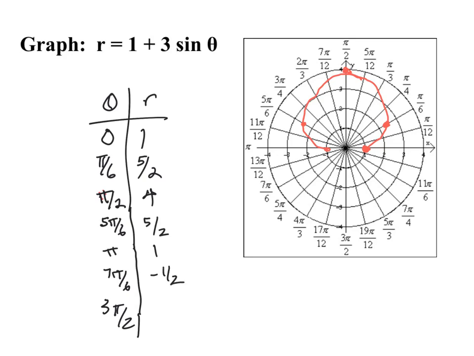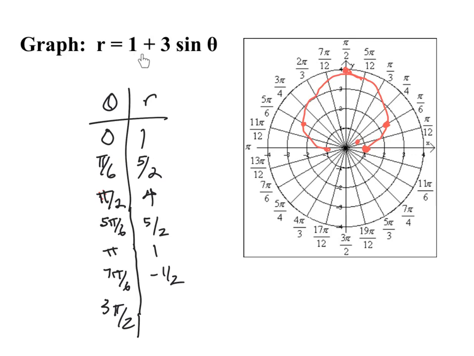So even though you're out along this line of 7 pi over 6, recall that a negative r value means you go backwards. So if I can read my graph here, it's going to be right in here. Okay. Now the 3 pi over 2, the sine of 3 pi over 2 is negative 1.